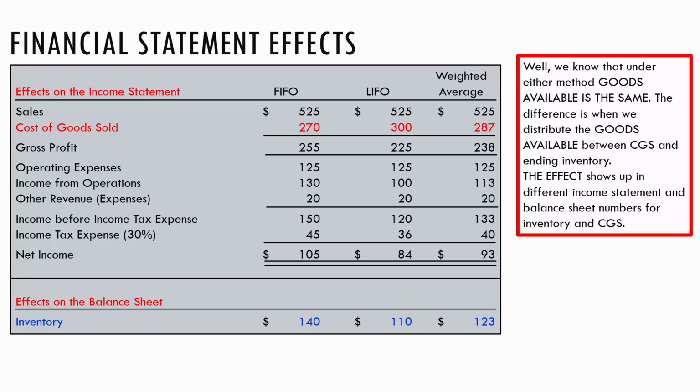One thing to also note, though, is that if cost of goods sold changes and income tax is calculated on net income, which is changing, then income tax is changing. So there's an effect here also from the fact that your taxable income, or income before income tax, is going to be different. So when you apply income tax to it, the income tax number changes as well.